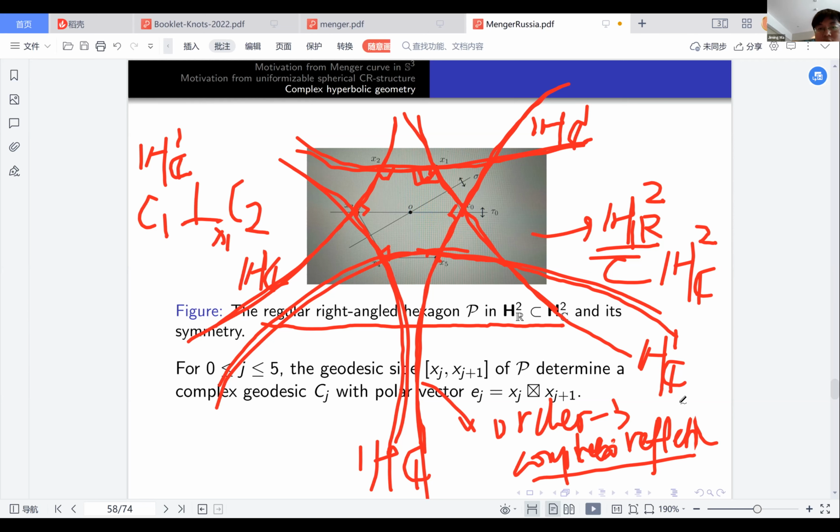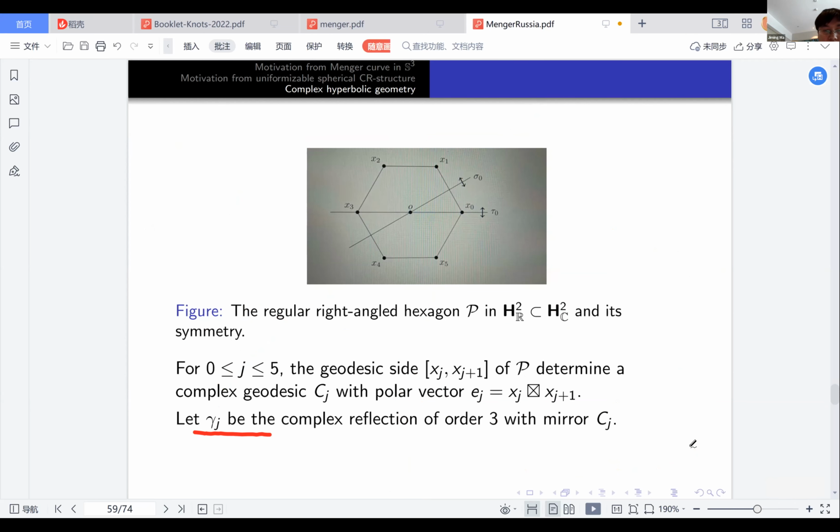So in other words, from the picture here, from the regular right-angled hexagon in the hyperbolic plane, which is embedded in 2-dimensional complex hyperbolic space, we have 6 complex reflections, and the adjacent ones xi and x(i+1) commute. So with gamma j the complex reflections, we define a map rho by rho(a_j) = gamma_j.